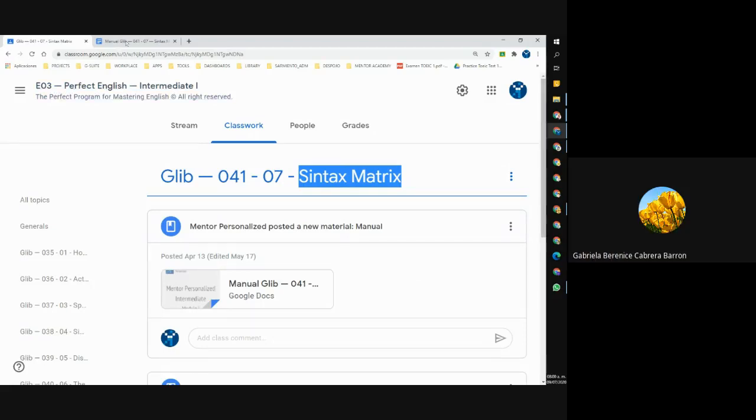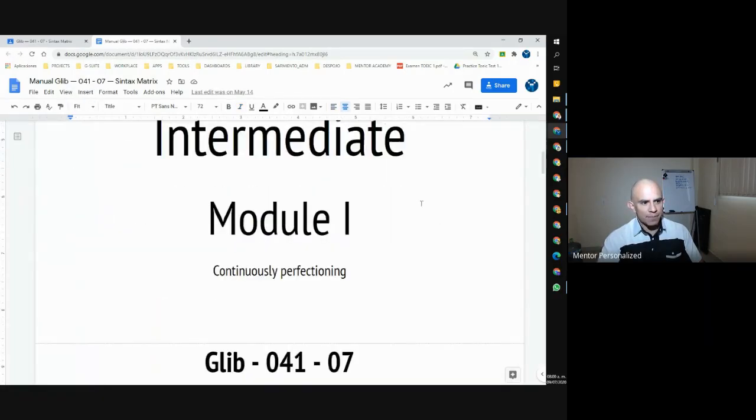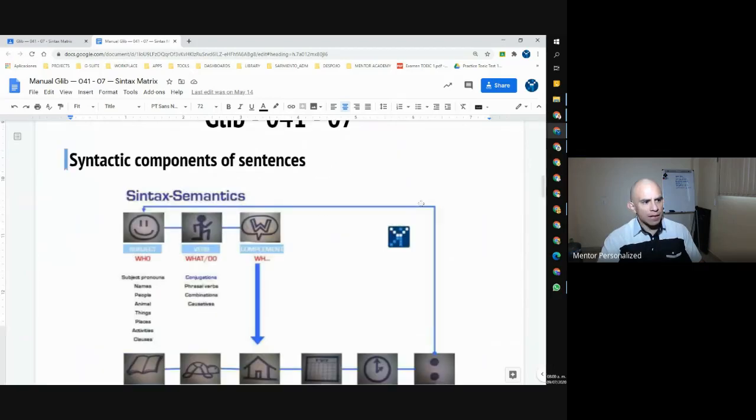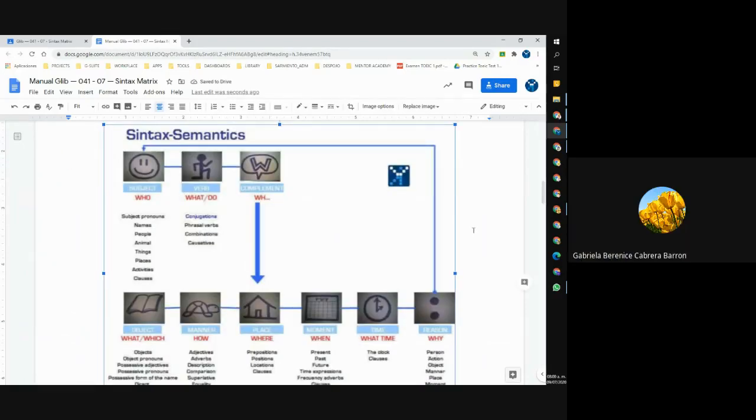That's right. Okay, and we will refer to logics, to how to structure ideas correctly. And we have here what we may call a mind map. Repeat, mind map.